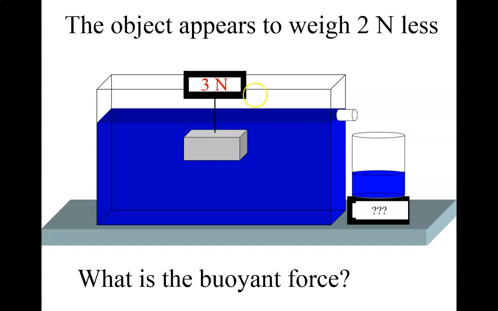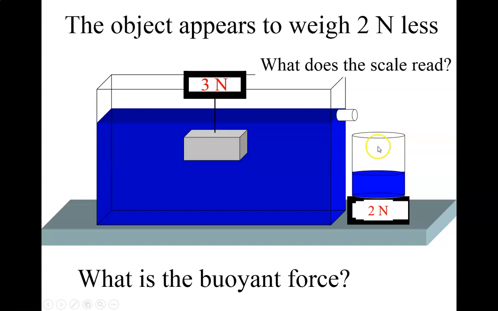Well, how much does the water weigh that was pushed out? The water that's pushed out is equal to the 2 newtons of buoyant force that we've got here. So the scale reads 2 newtons because that's the buoyant force.